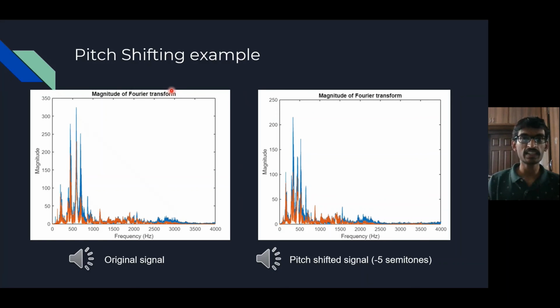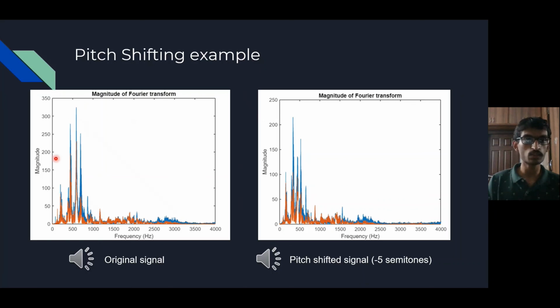Now, here is an example of pitch shifting I did on another audio clip I had recorded. So MATLAB has an inbuilt function in its audio toolbox, which pitch shifts a sound by a specified amount in semitones.